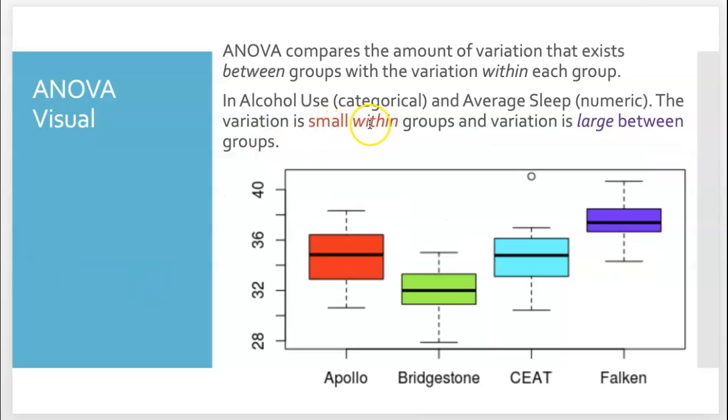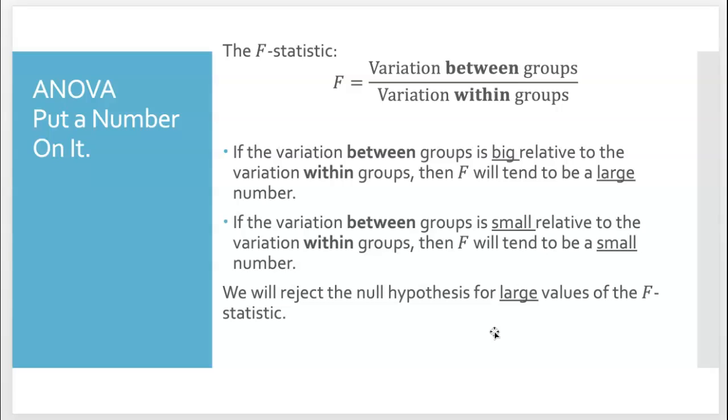Here, the variation is small within groups but large between, so we're more likely going to reject the null hypothesis. That's what hypothesis testing does for the ANOVA. It's comparing the variation between and the variation within. That's why it's called the analysis of variance.